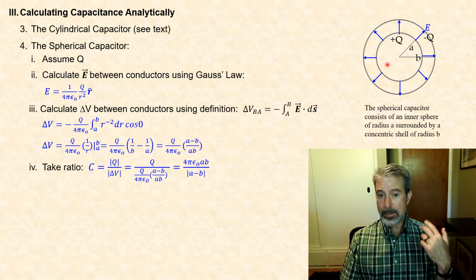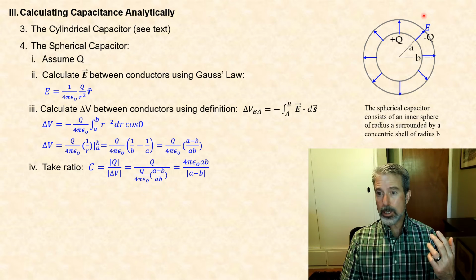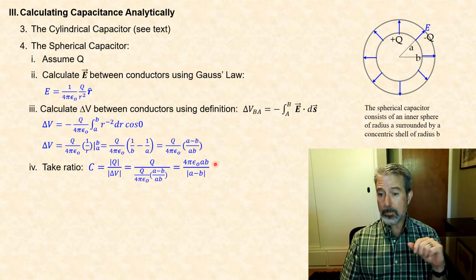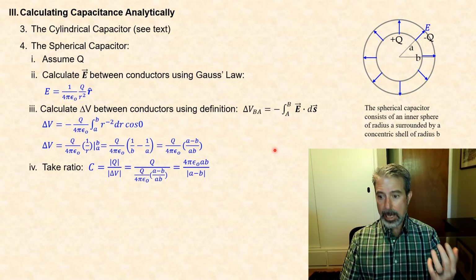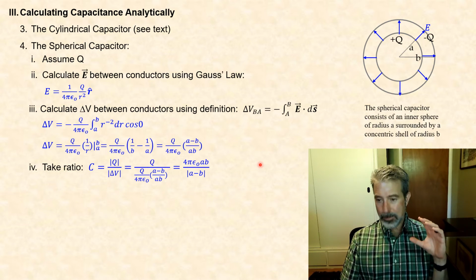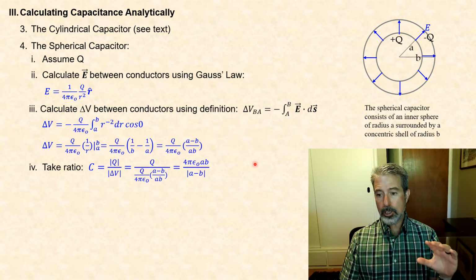Do you realize that the area of each of these spheres is going to be proportional to that radius? And so the bigger the radius of each of these spheres, the more charge that can be stored on each of them. So again, we find that the capacitance, which is a measure of how much charge can be stored on these conductors, is directly proportional to the plate area, or in this case, the product of the two radii, a and b.